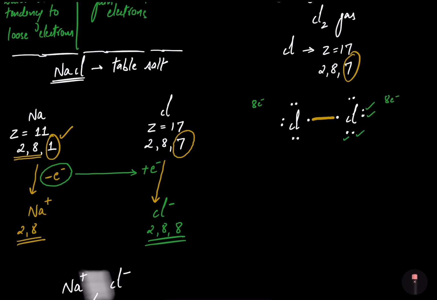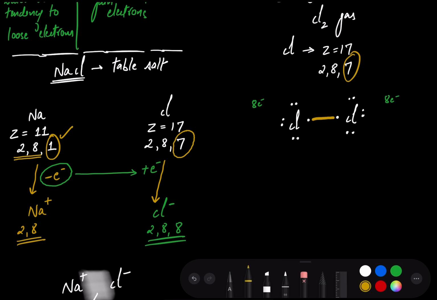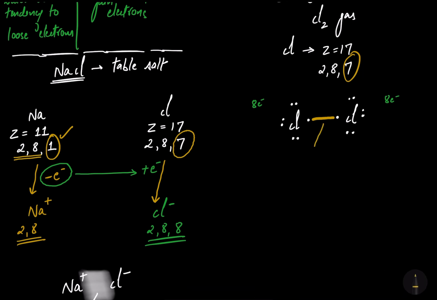So the type of bond formed after the sharing of electrons is called a covalent bond. This yellow line is called a covalent bond. After that we have different types of covalent bond, which we will discuss in much detail in the next lecture videos: polar bond, non-polar bond, coordinate covalent bond.